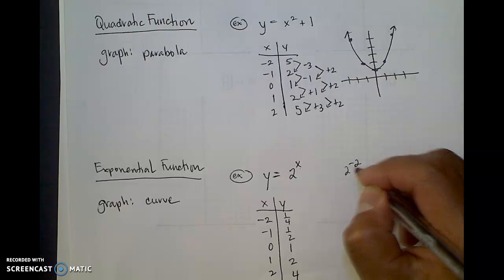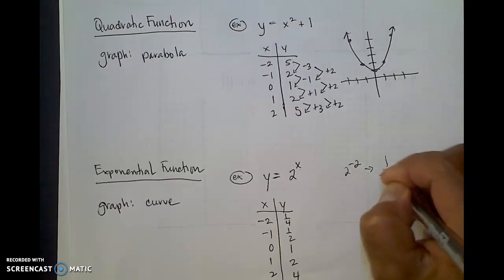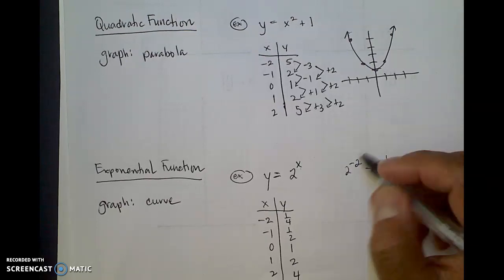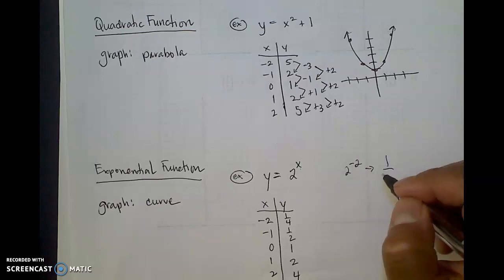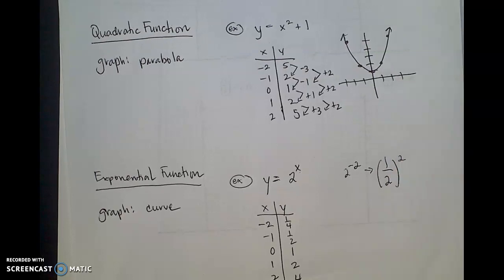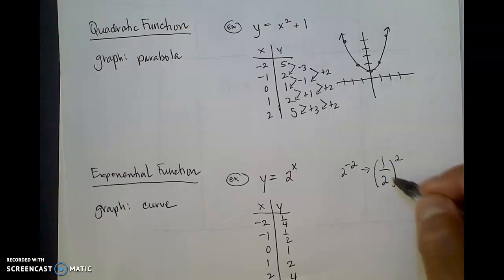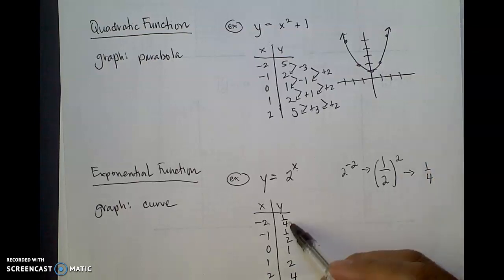What a negative exponent does is it takes the base and flips it into the reciprocal. That's the effect of a negative exponent. And that exponent thus changes to a positive exponent. So 2 to the negative 2 power is 1/2 squared, which is 1/2 times 1/2, or 1/4. So that's how we got 1/4.